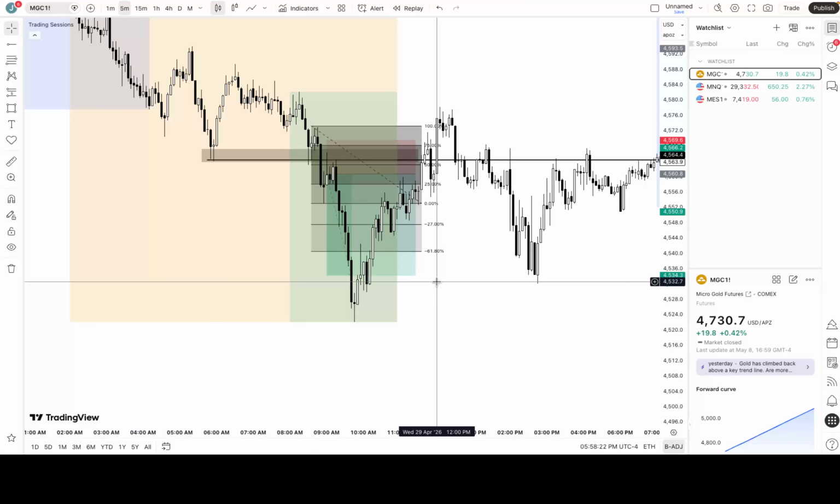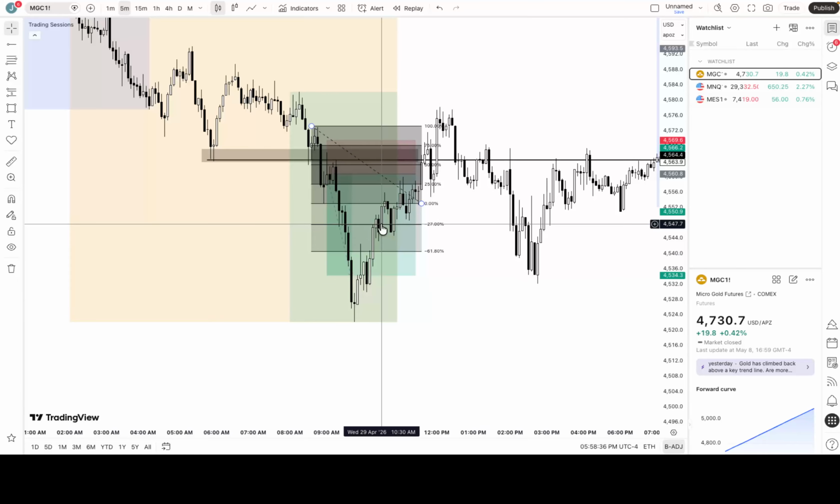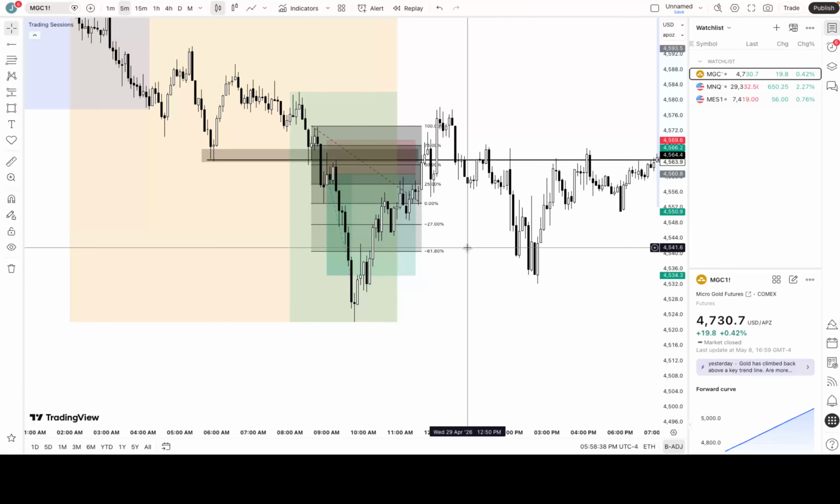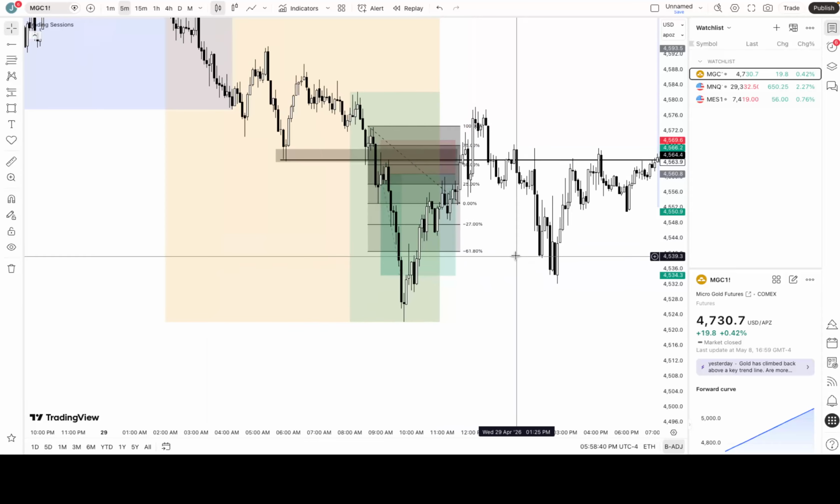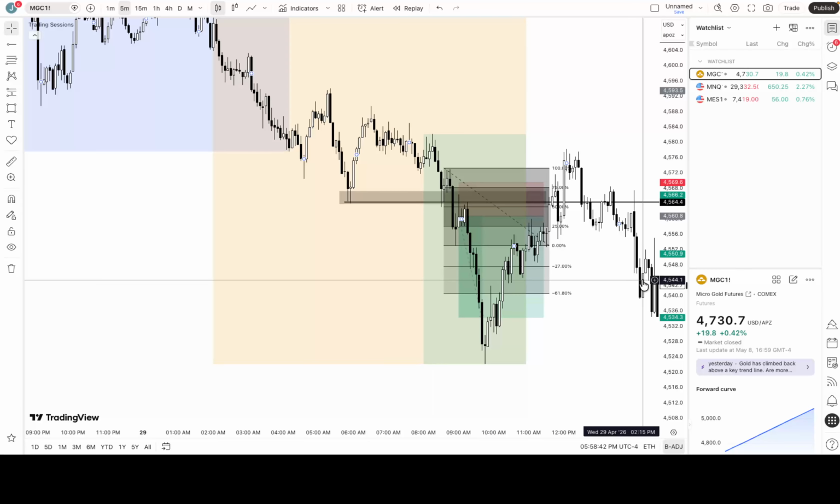So if I don't really have a good TP area, then probably just a base 1 to 3. Because we do want to wait for the most convicting entries, and that's really the most convicting entry, that area right there.